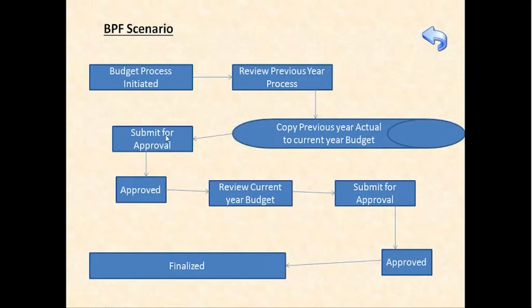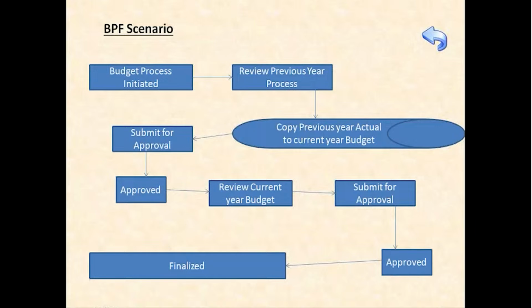And this will be submitting. We have a required reviewer, right? Once we check that, it will go to the respective approval person. He will review that. Until he has reviewed, the next process will not start. The next process is review current year budget. Unless it has been approved, we will not be able to review the current year budget.